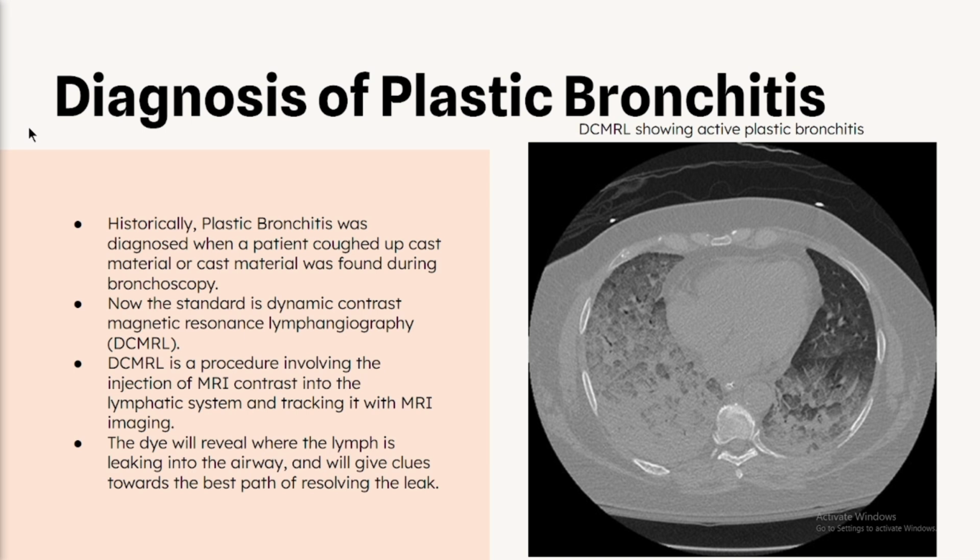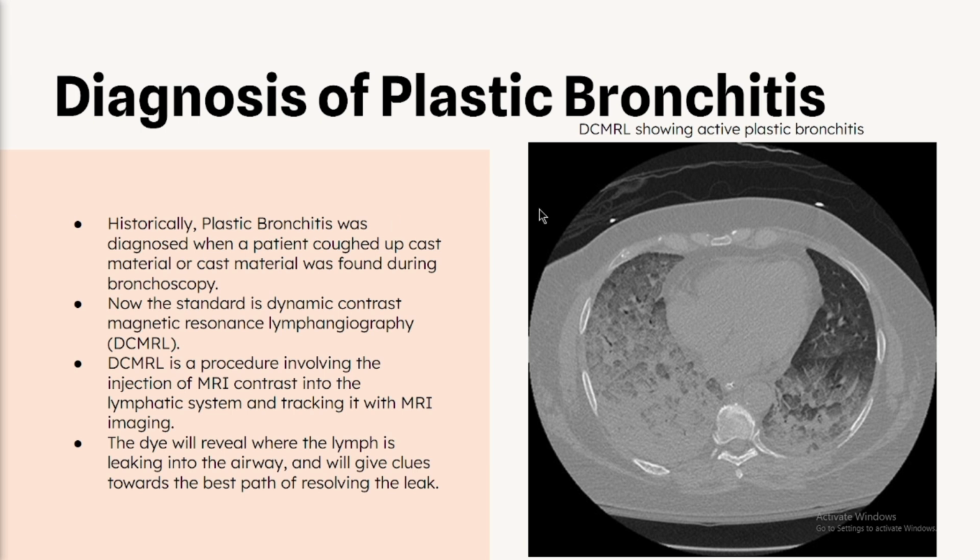This imaging technique is especially useful in patients with Fontan circulation. A high index of suspicion is needed. If you see an opaque bronchial tree on imaging, think about plastic bronchitis. Sputum analysis and cast composition can help differentiate whether the cast is lymph-based or mucus-based, which can guide treatment.